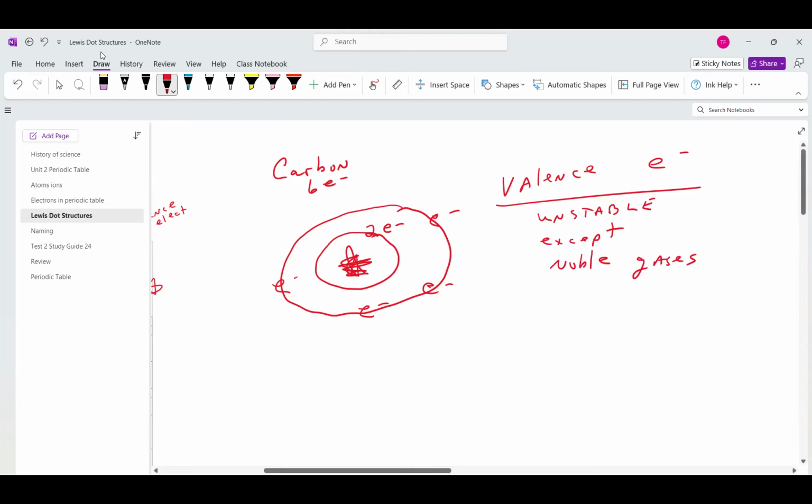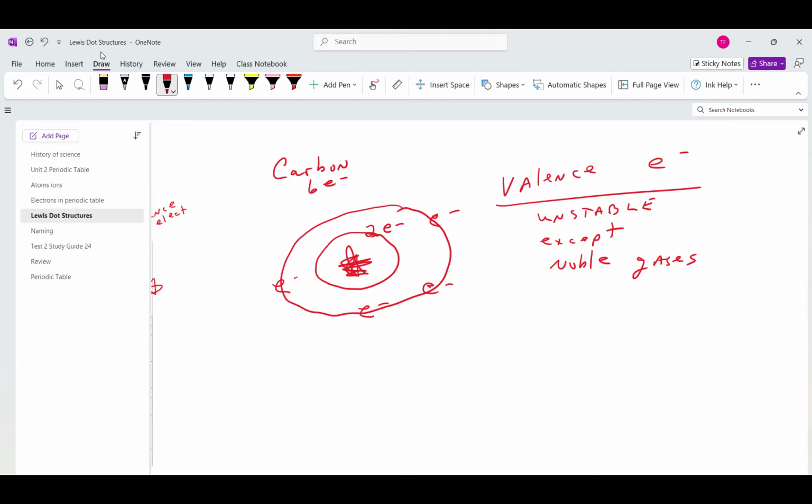And those electrons, except for the noble gas electrons, are unstable. And as you know, in the universe, things want to become more stable. So that's the driving force for atoms wanting to combine with other atoms, is to become more stable. Underneath the covers, it's those unstable electrons that want to become more stable.